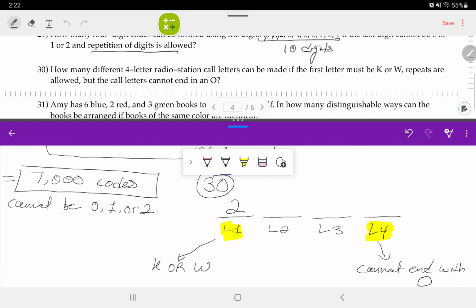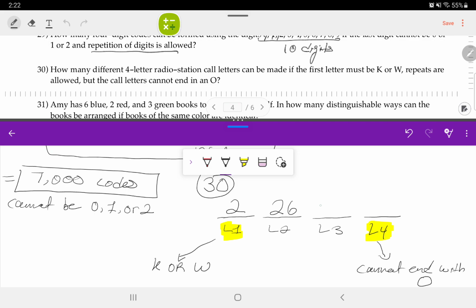There is no restriction on the second and third letter, and it says repeats are allowed. So that means for my second letter, because there are 26 letters in the American alphabet, I have a possibility to put 26 letters for the second option. I can pick from 26 possible contenders.